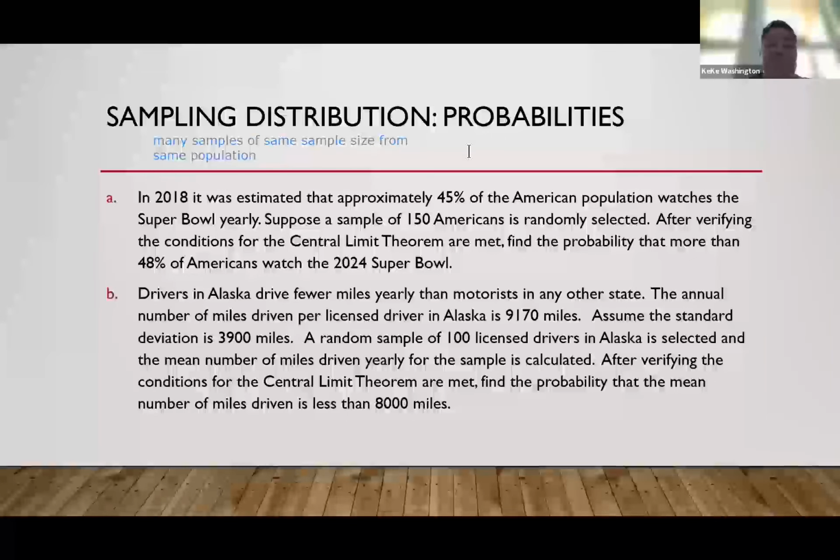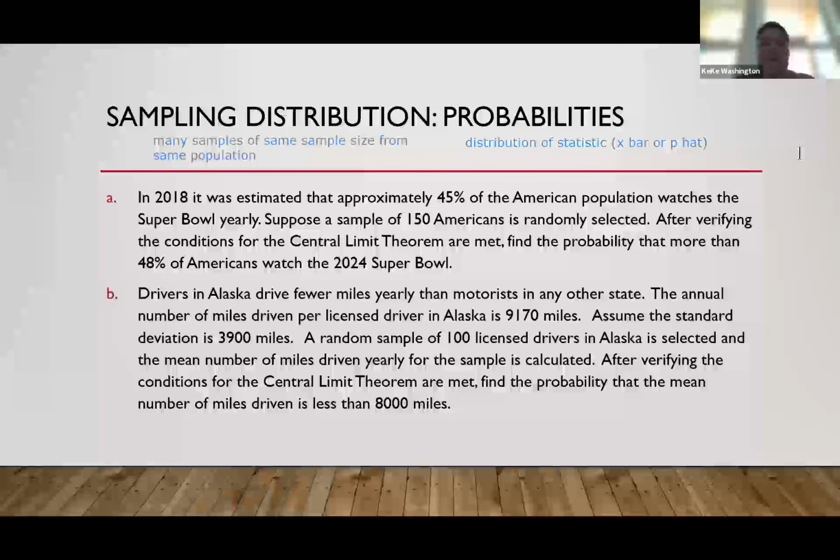And as long as certain conditions have been met, that distribution should be normal. Whenever you're dealing with a sampling distribution, it is a distribution of statistics. So it's a distribution of your X bar, your sample mean, or your P hat, your sample proportion.